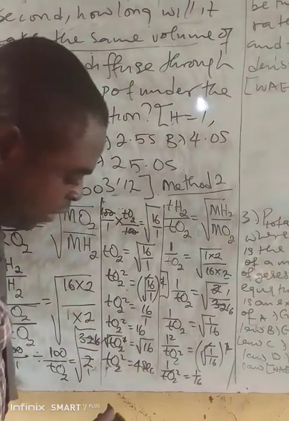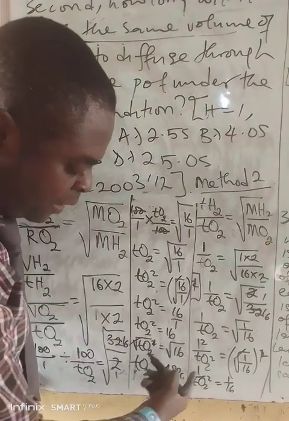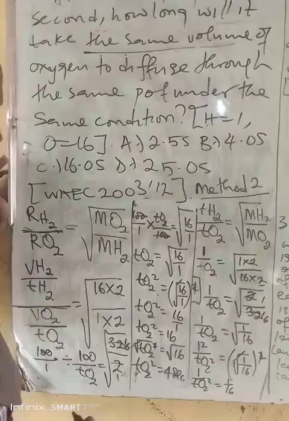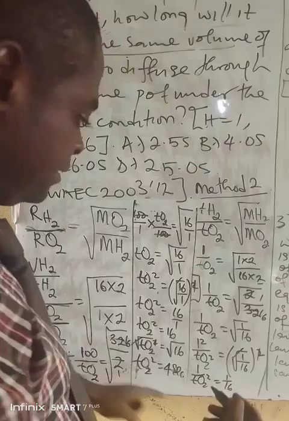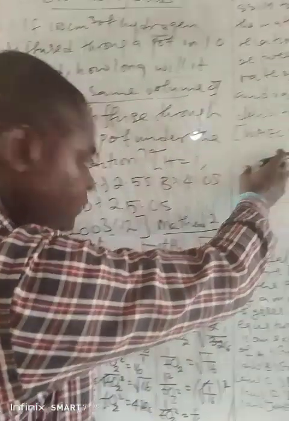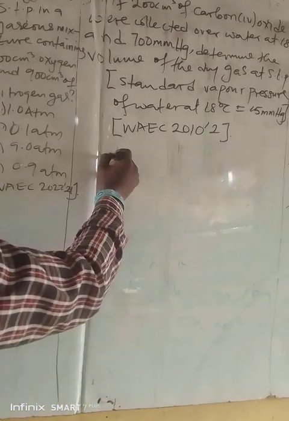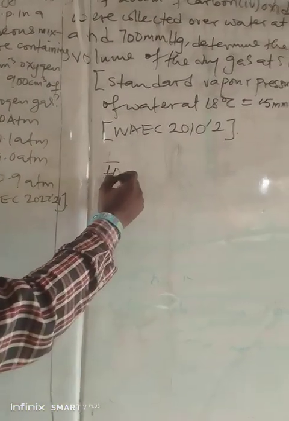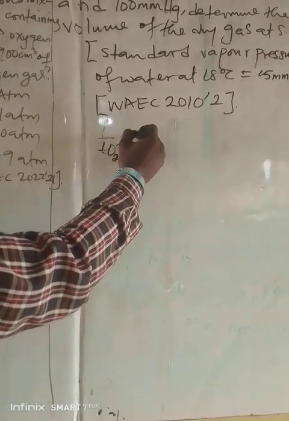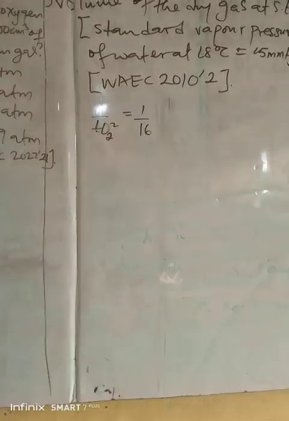Now, what are we looking for? We can cross multiply to make TO2 the subject of the formula. I have 1 over TO2 squared equals 1 over 16.